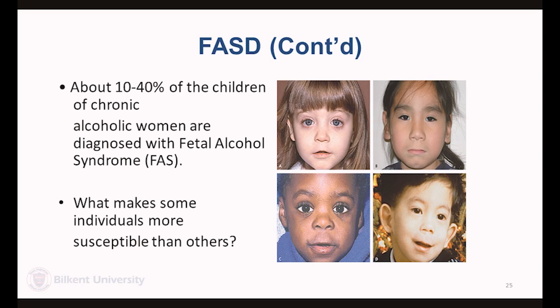About 10 to 40% of the children of chronic alcoholic women are diagnosed with FASD, and some individuals might be more susceptible than others, meaning not all pregnant women who drink have children diagnosed with FASD, but it is a high risk factor.